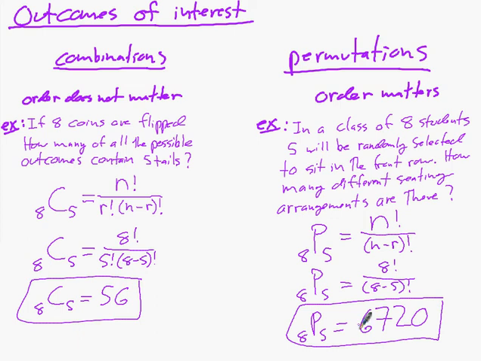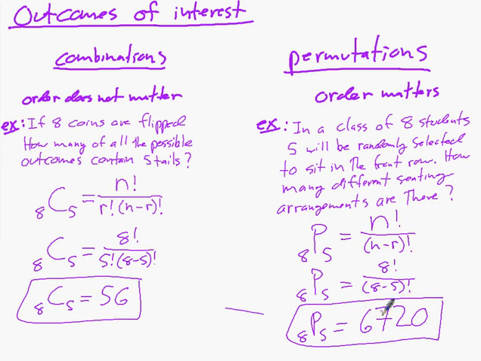Because if you are arranging 5 students out of a class of 8 in different orders, there are an awful lot of them. And here, it's the same question actually as over here. If you had 5 tails out of 8 coins and order mattered, there would be the same number.